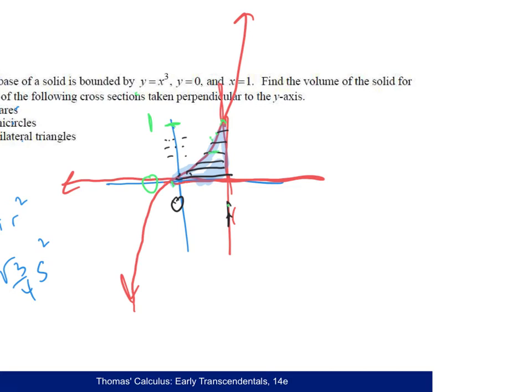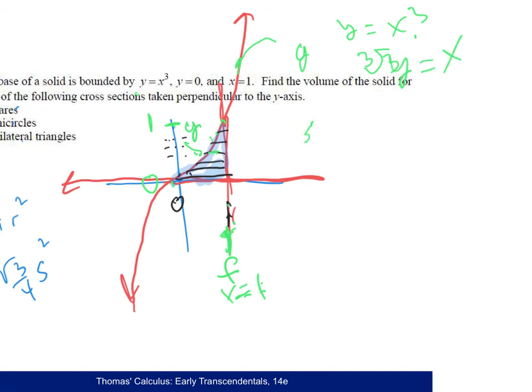this distance now. When I say f minus g, I'm going to call this my f, and it has to be solved for x. This is x equals 1, so it's already solved for x. This function becomes my g, and I have to solve it for x. It was y equals x cubed, so the cube root of y equals x.